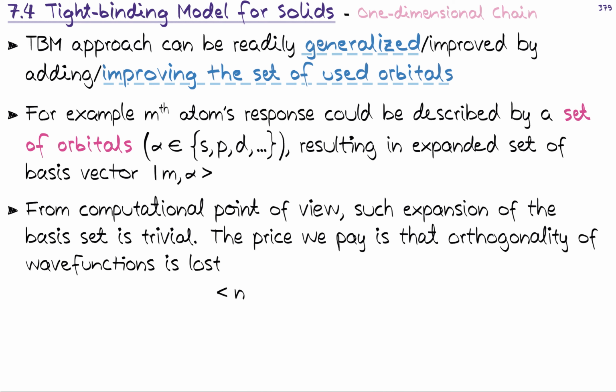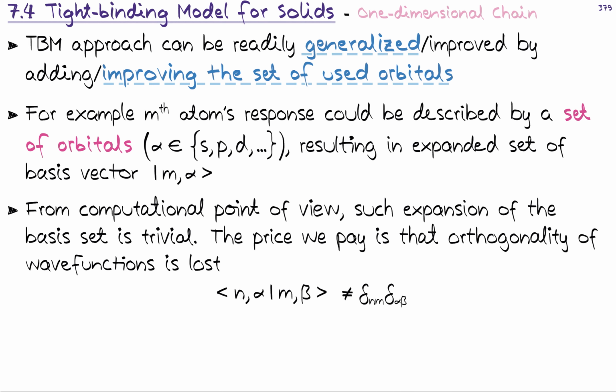So essentially, mathematically, we cannot do this trick anymore: if we have a bracket of the nth atom's electron orbital, and we try to see whether there is any overlap between the nth atom's and the beta orbital, this condition no longer strictly holds, so we don't get Dirac delta functions out.